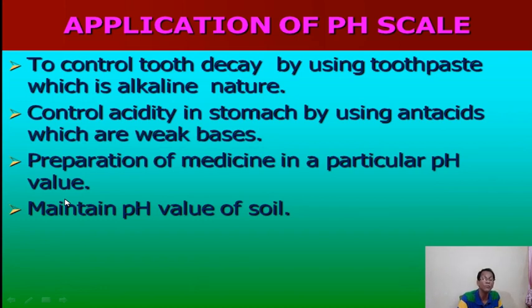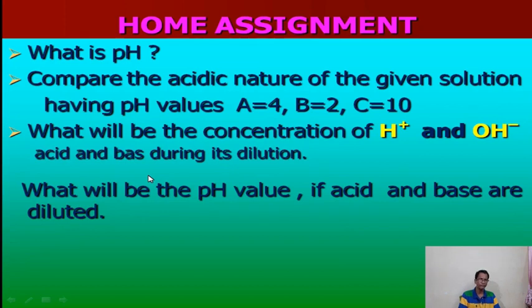By using pH measurement, we can know whether a solution is acidic, basic or neutral. These are very important applications of the pH scale in your day-to-day life, and you have to read and remember them.